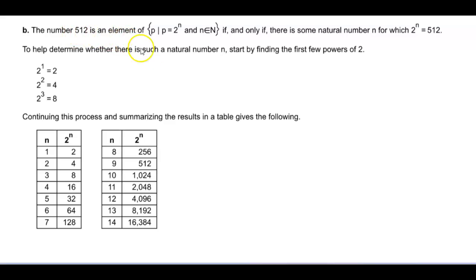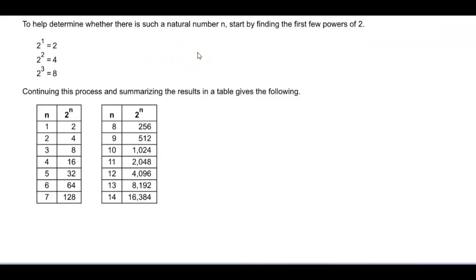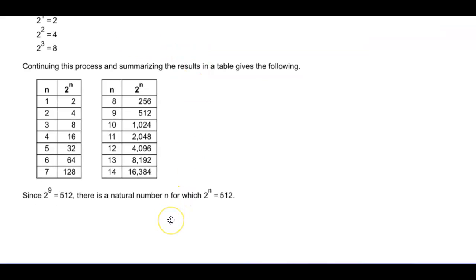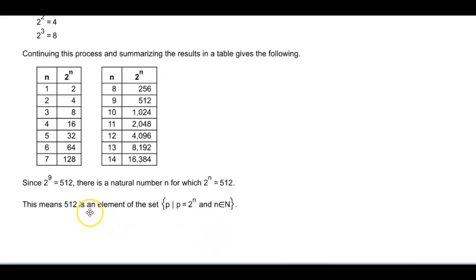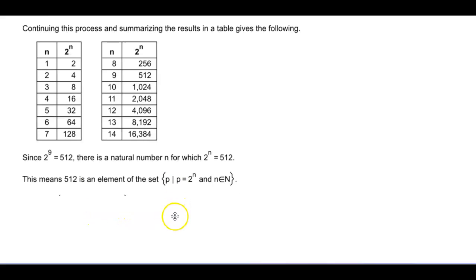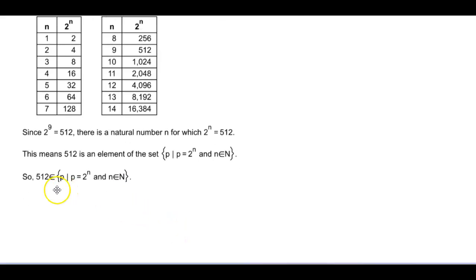We want to know if 512 is an element of that set. So, since 2 to the ninth is equal to 512, there is a natural number n for which 2 to the n is equal to 512. So then we would say that 512 is an element of the following set. So 512 would then use the symbol for the following set.